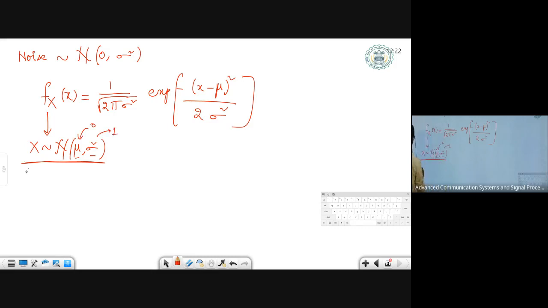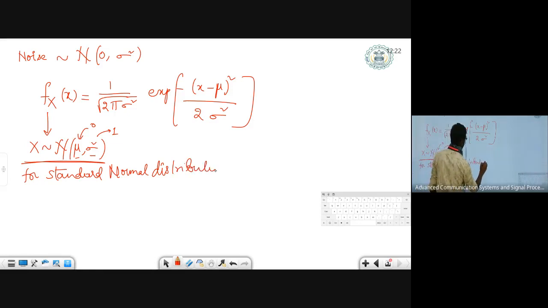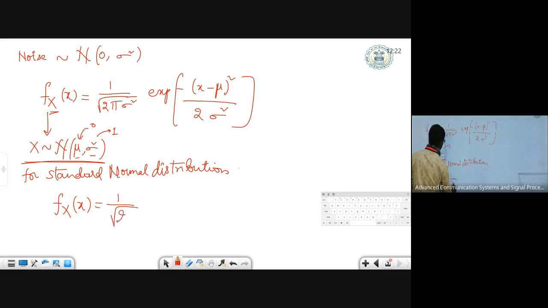For the standard normal distribution, the equation will be modified as follows, with the variable the same. The probability density function f X of x is 1 upon root 2 pi, exponential of minus x square by 2.